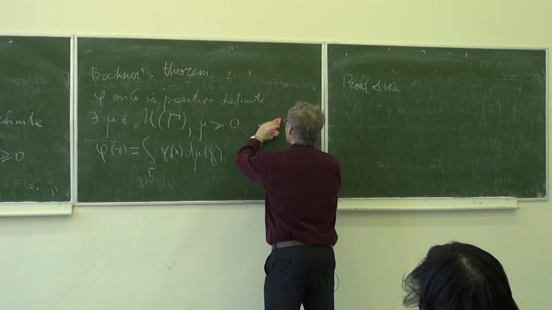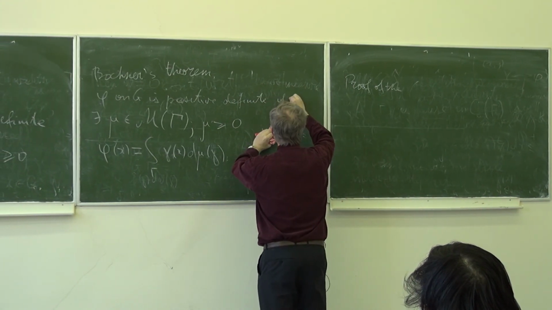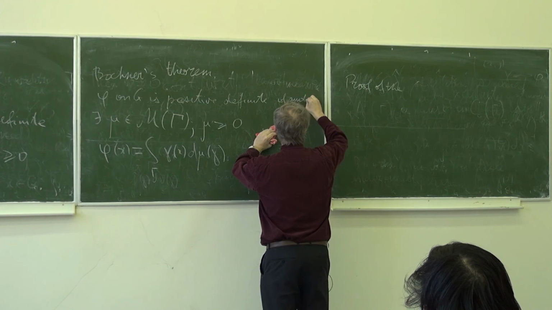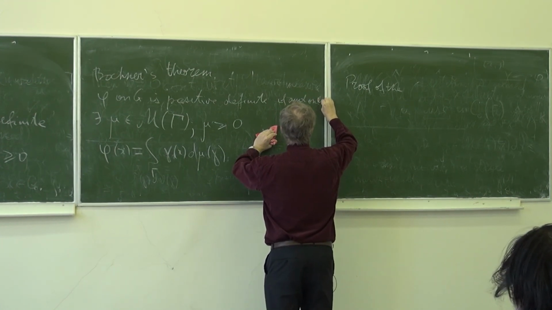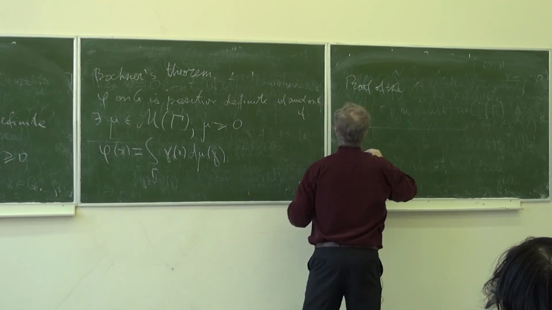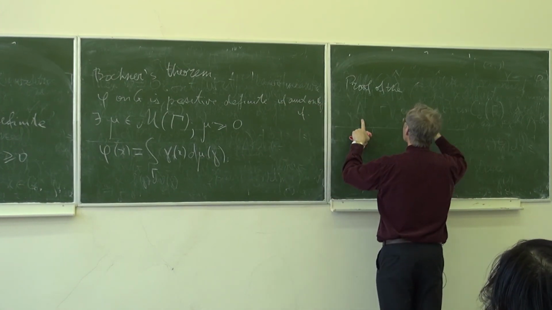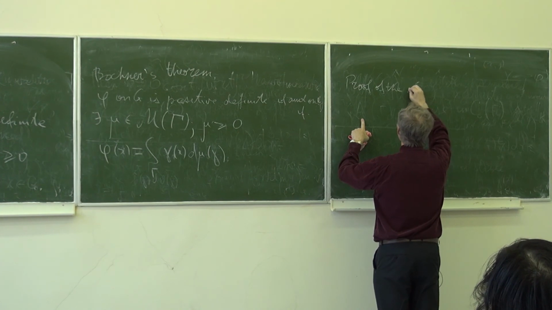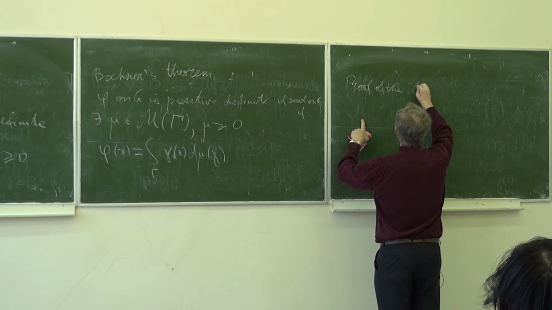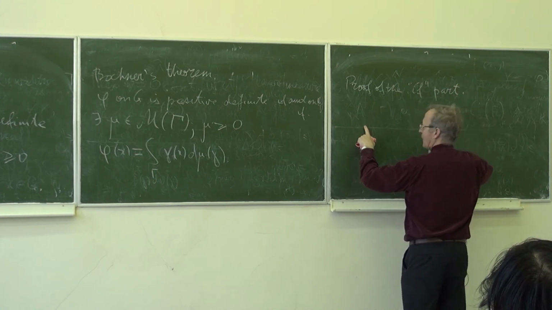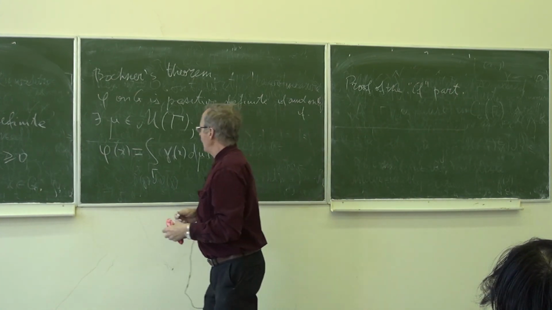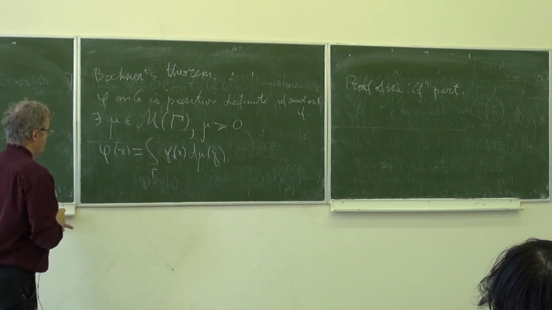So if we write here if and only if, then this will be the proof of the if part.